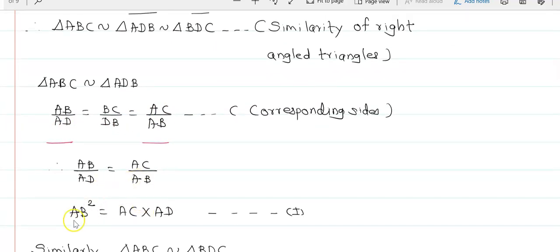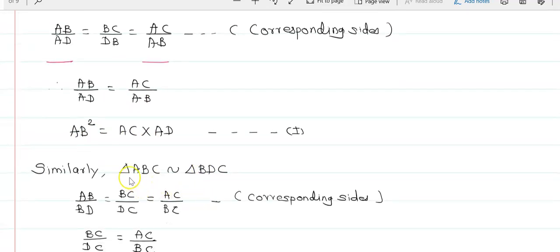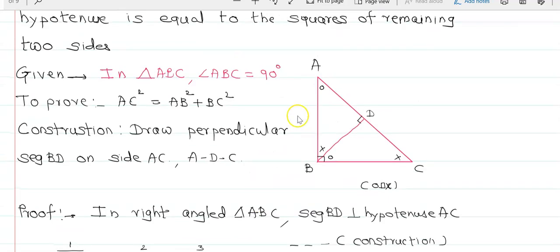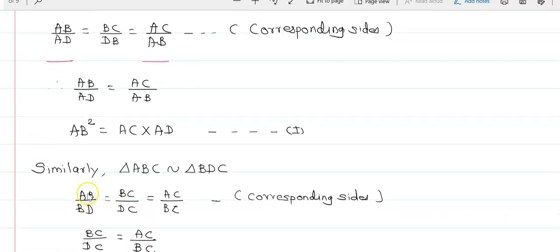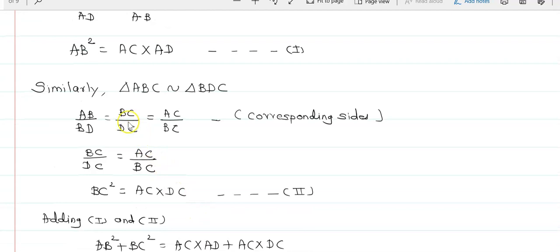Make the cross multiplication, you will get AB square is equal to AC into AD. Similarly, ABC and BDC. BC is common, therefore we will write their corresponding sides. AB upon BD is equal to BC upon DC is equal to AC upon BC. Make the cross multiplication. Where is BC? Here is BC upon DC is equal to AC upon BC, and therefore BC square is equal to AC into DC.